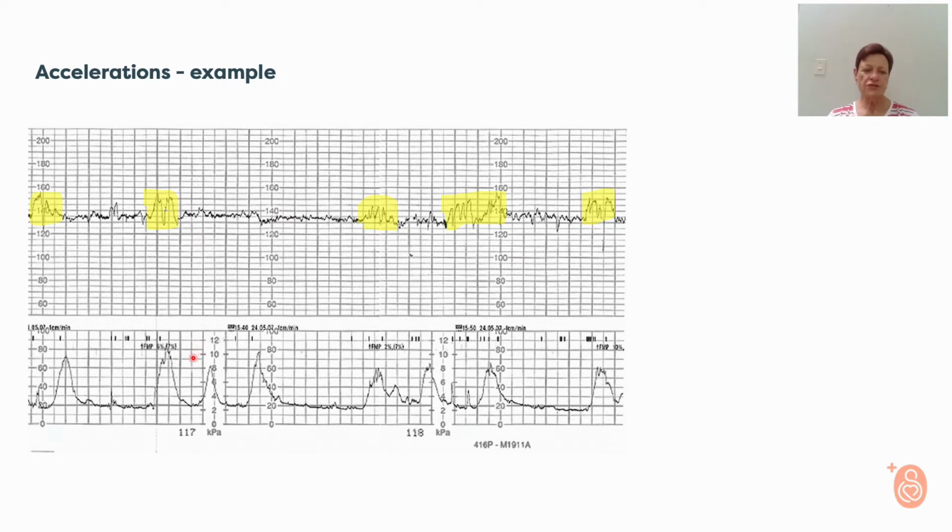We also said that sometimes during labor these accelerations disappear. But here we can see a graph of a fetal heart being done during labor where we have accelerations. And so we're very happy. If we look at this CTG, it has a normal heart rate of about 130 to 140 beats per minute. There's good variability, and we even have accelerations. So a happy graph.